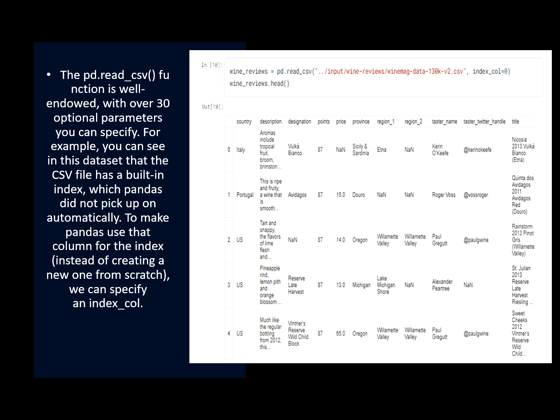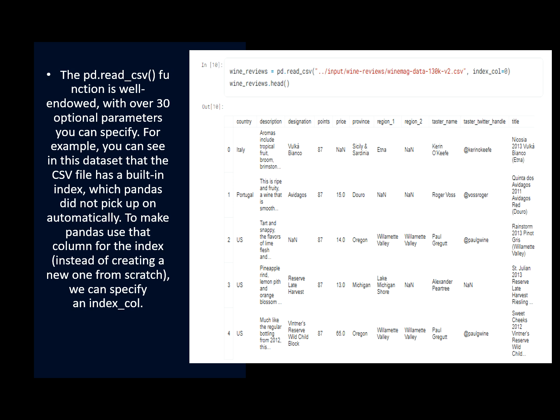So here, let's read this. The pd.read_csv function is well endowed, which means we can add parameters to manipulate the data, with over 30 optional parameters you can specify. For example, you can see in this data set that the CSV file has a built-in index, which Pandas did not pick up on automatically.